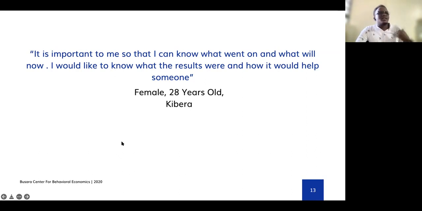Most of them say that they participate in studies so that they can learn something, take it back to their community and share with their community members. But results have not been forthcoming so far.